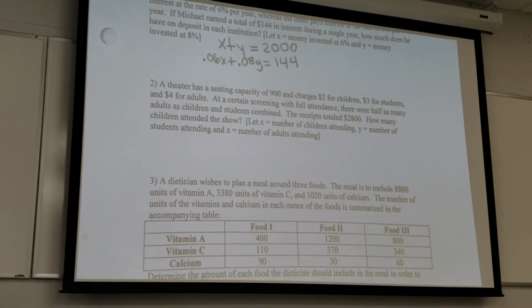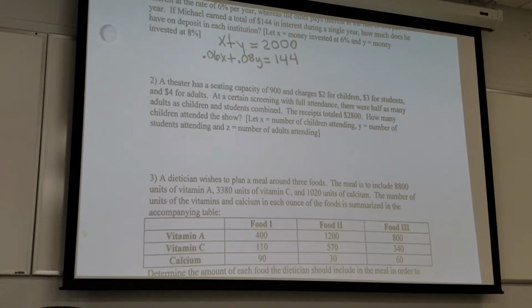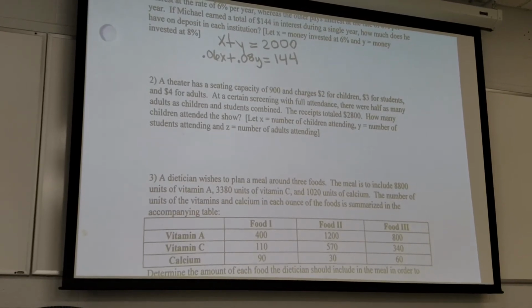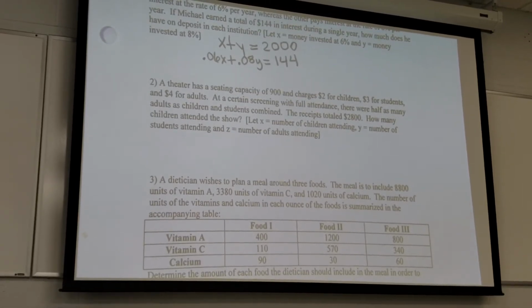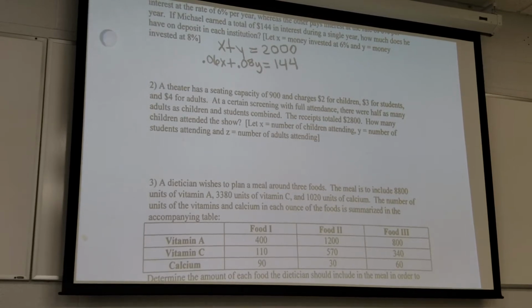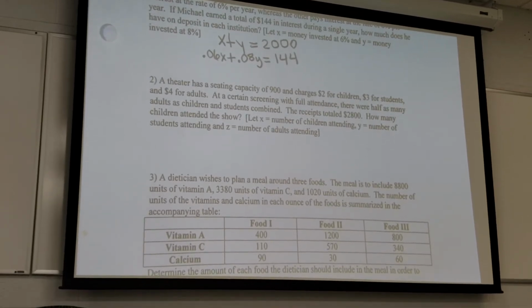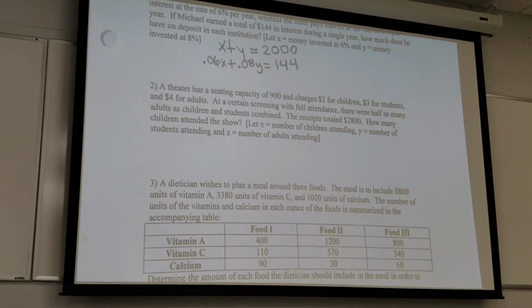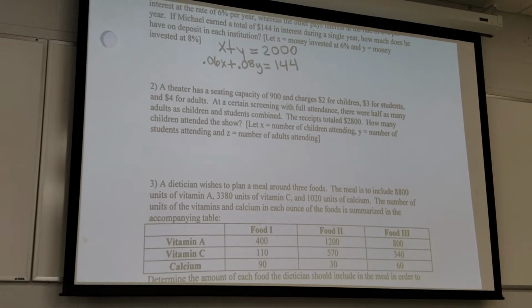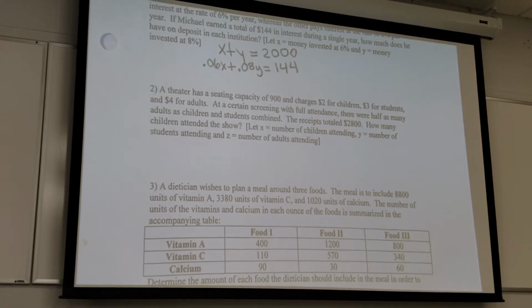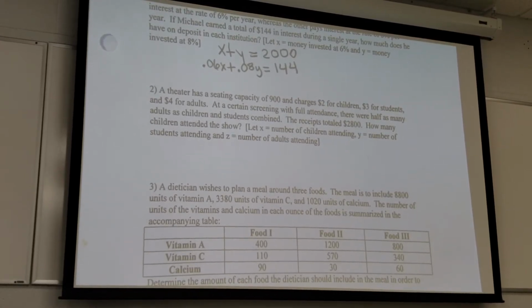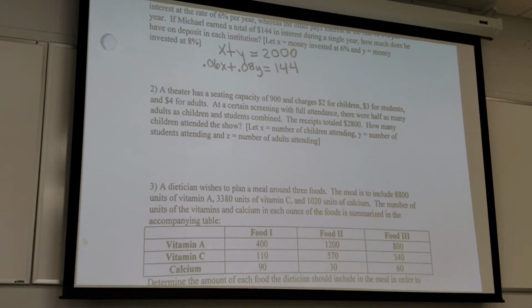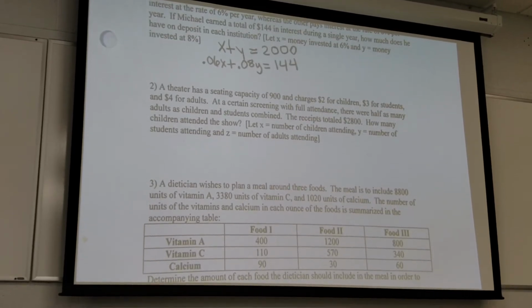Two and three are good samples of what would be on the test. Especially 2. It says a theater has seating capacity of 9,900 and charges $2 for children and $3 for students and $4 for adults. At a certain screening with full attendance, there were half as many adults as children and students combined.